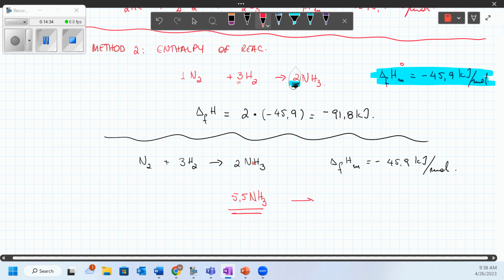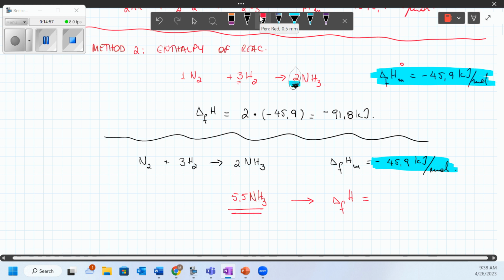What will be the enthalpy of formation for this reaction? What should we do to this number here, that is the formation of ammonia from its basic elements?